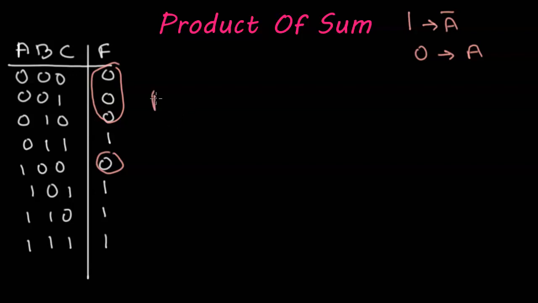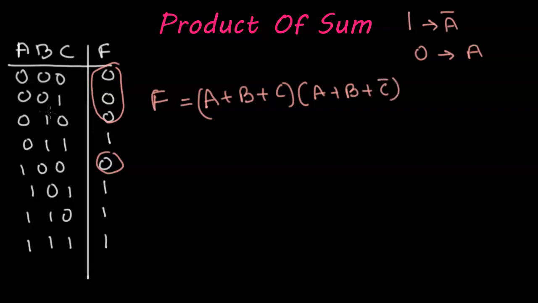So let's write the expression for F. The first term as 0 is A and product of the sum. So we have to write a sum first. So A plus B plus C ANDed with A plus B plus C bar, because it's 0, 0, 1.